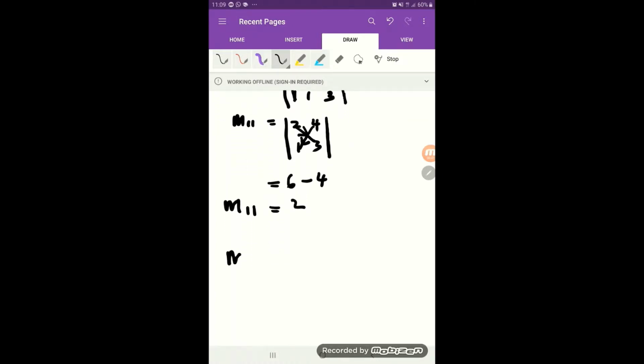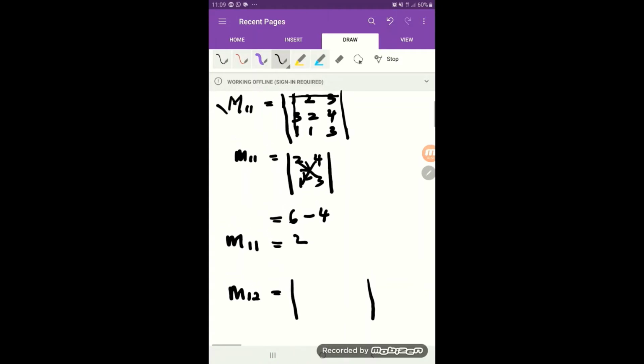Continue to M12. M12 is the determinant of the matrix obtained by deleting the first row and the second column.